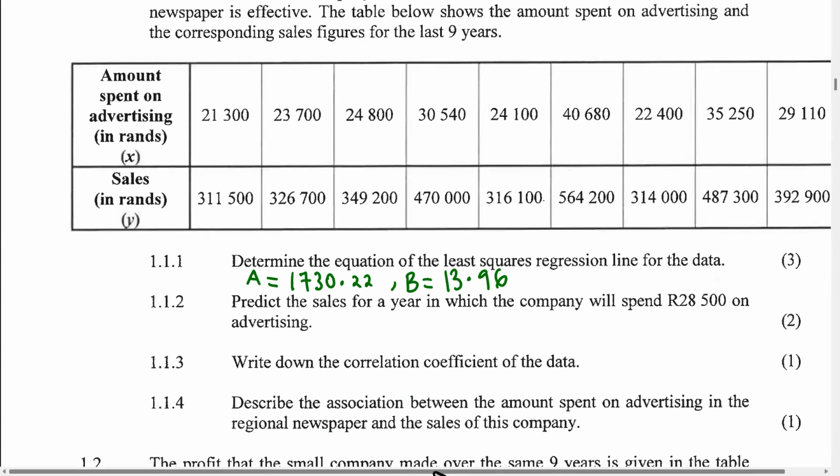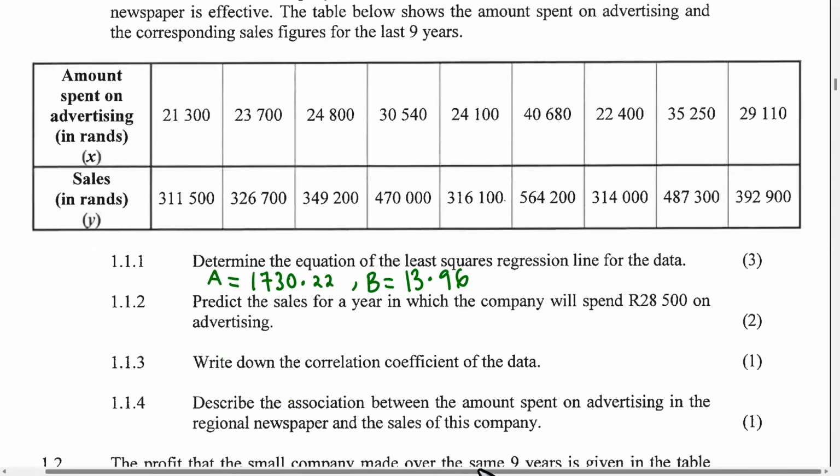We have already got the A and the B. So after we've got the A and the B, the least squares regression line that the examiner wants is Y hat, and the Y hat is actually A plus BX.